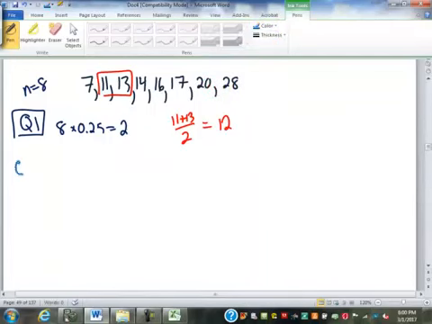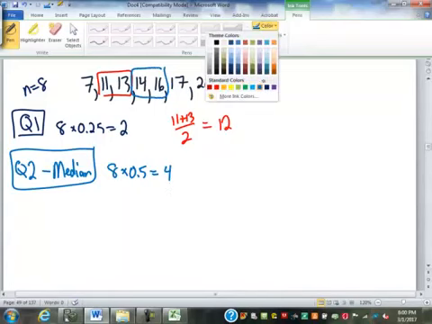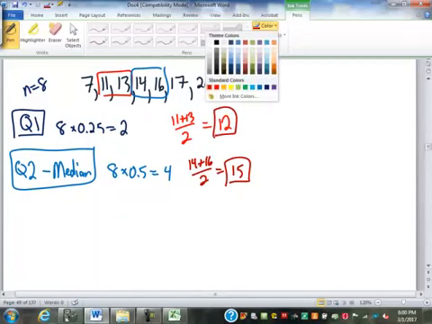Quartile 2, which is usually just referred to as the median rather than the second quartile, is 8 times 0.5, which is 4, telling us it's between the 4th and 5th. So it'll be between 14 and 16, otherwise known as 15. So the median, or the second quartile, is 15.